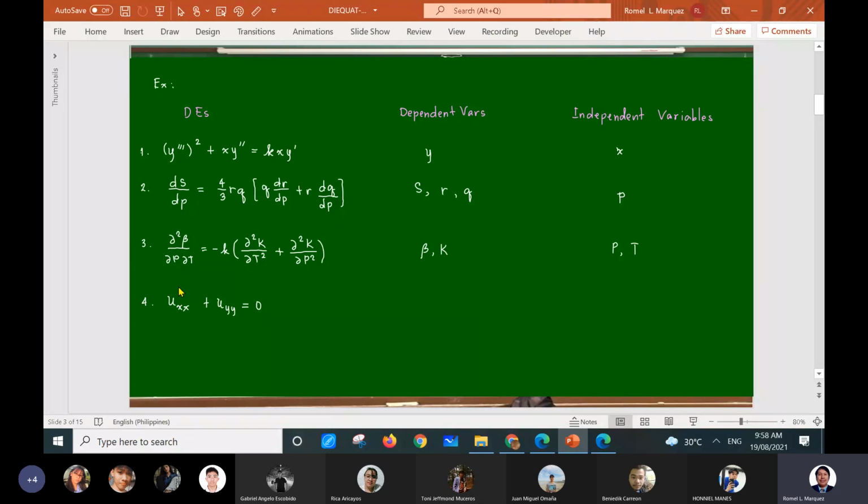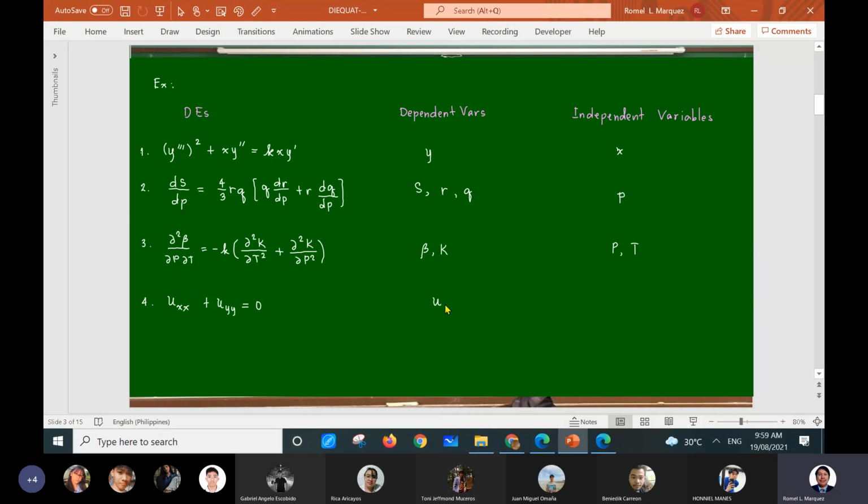Remember that, guys? These are partial derivatives in subscripted notation. Okay, so how do we read this? Second partial derivative of U twice with respect to X, or simply with respect to X because there is no confusion. And then second partial derivative of U with respect to Y, or twice with respect to Y if you want. Okay, guys? So what is the dependent variable here?